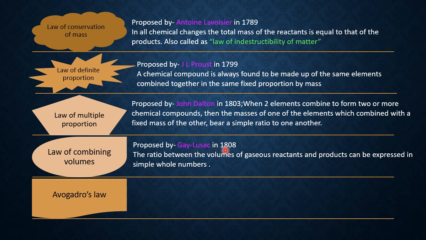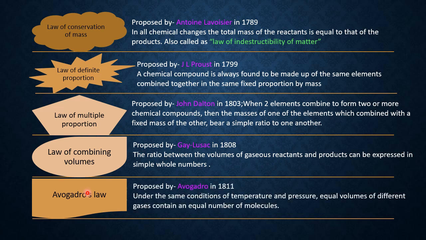Now the fifth and the final law, a very important law, Avogadro's law. Italian scientist Avogadro in the year 1811. Under the same conditions of temperature and pressure, equal volumes of different gases contain an equal number of molecules. This is the relation between number and mass, because the number of molecules is related to the equal volume.